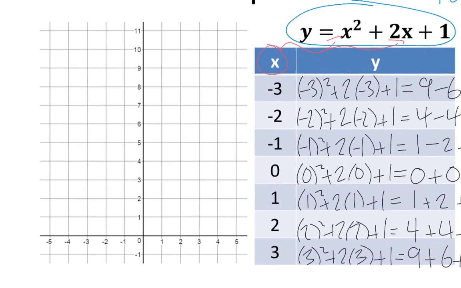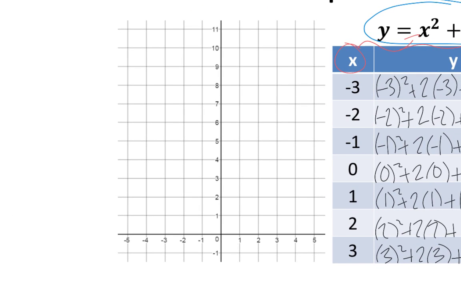Let's take a look at the graph that we have. Let's graph these points. Our first point is -3, 4, which is right over here. Then we have -2, 1. Then I have -1, 0. I have 0, 1. And I have 1, 4.